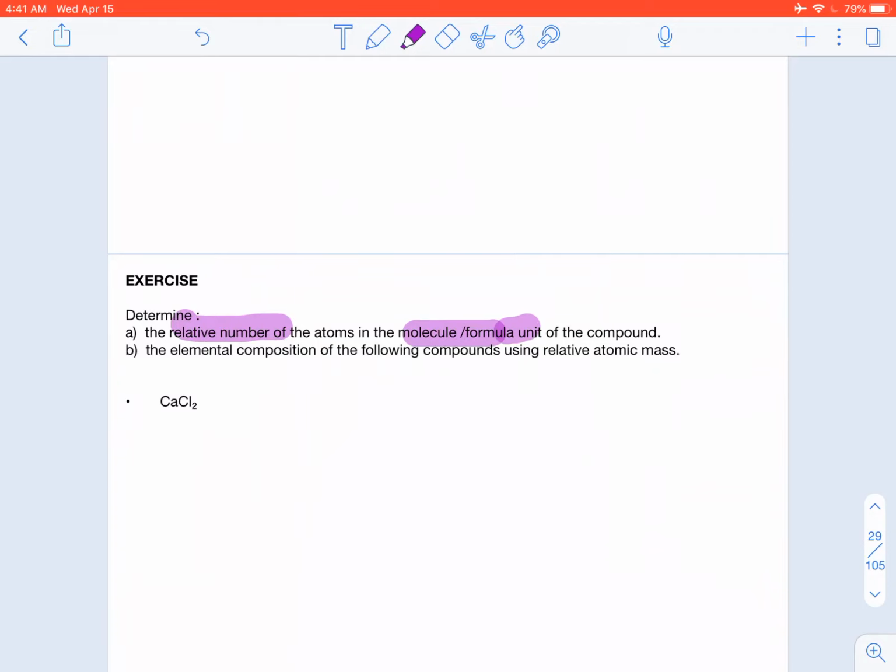Right, now then we're looking at the elemental composition. We want to know what elements it's made of. So if we look at CaCl2, you'll notice that it has one Ca and it has two Cl atoms.